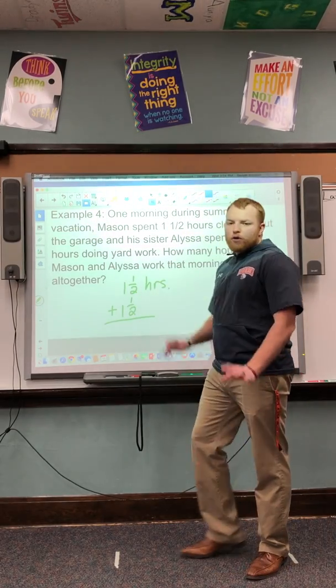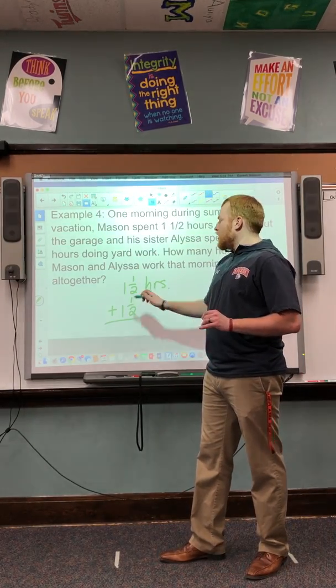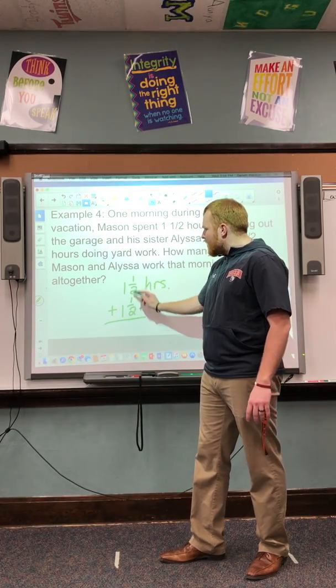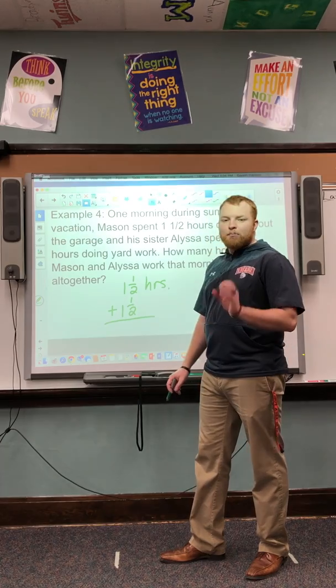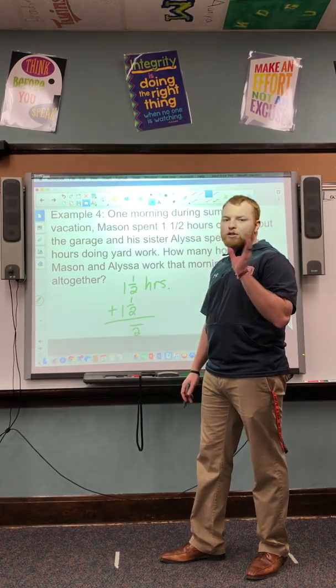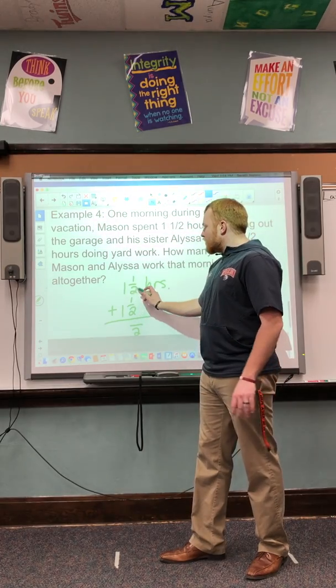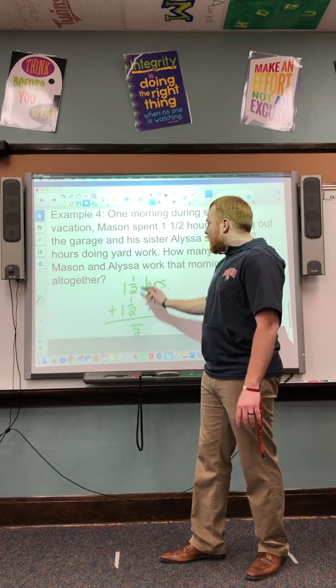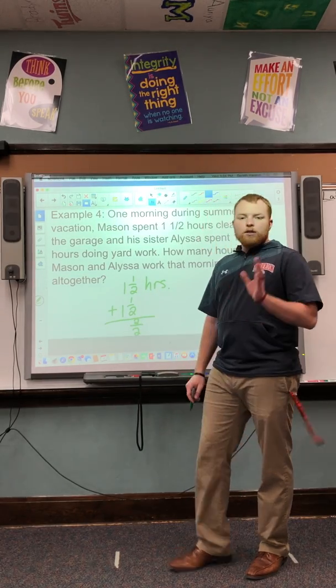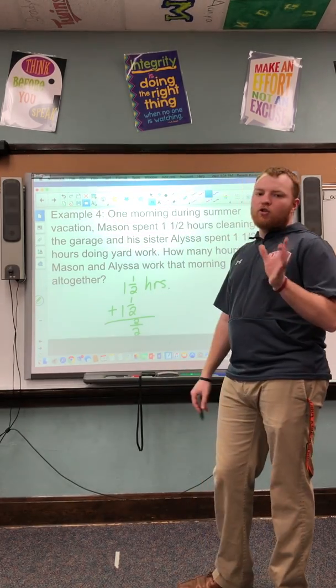So first, when we're adding mixed numbers, we add together the fractions first. Since they have the same denominator, it stays the same. Denominators do not change. We don't add 2 plus 2. Since they're already the same, we keep them the same. Then we add the numerators. 1 plus 1, which is 2. Now looking at that fraction, it's 2 over 2.